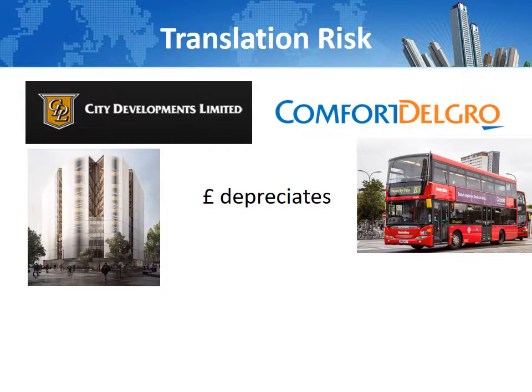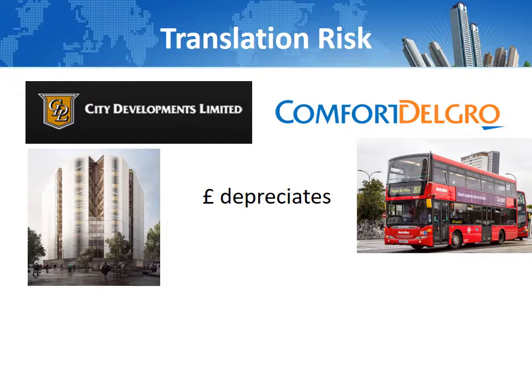So imagine the following scenario. So here we have ComfortDelGro. They're operating in the UK, operating their transport system, and they've obviously put investment into the UK. They've taken Sing dollars, swapped them into pound sterling, and then made multi-million-dollar investments in equipment in the UK.